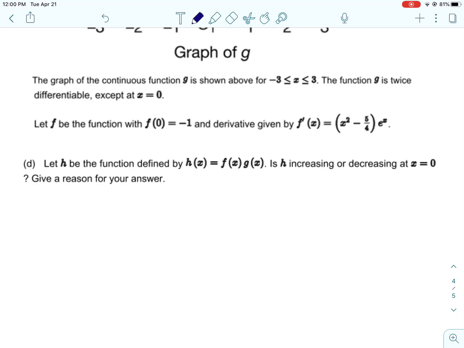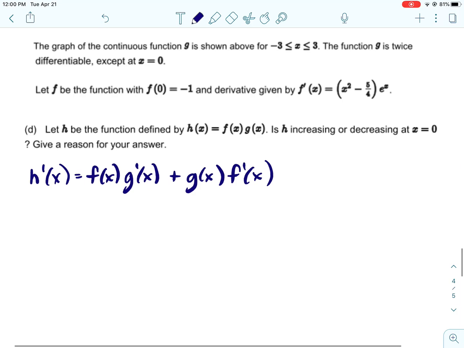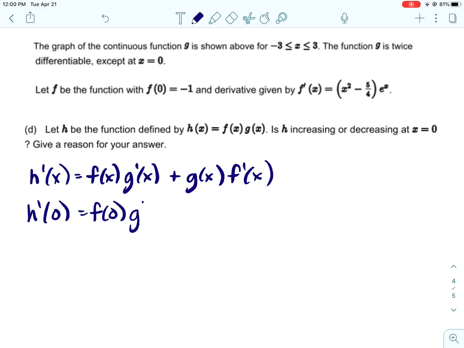Okay, and then the last question we have, we're going to find if h is increasing or decreasing, and h is the product of f and g. So to determine if h is increasing or decreasing, we have to find h prime. And we're going to do the product rule, and this is basically the product rule definition.